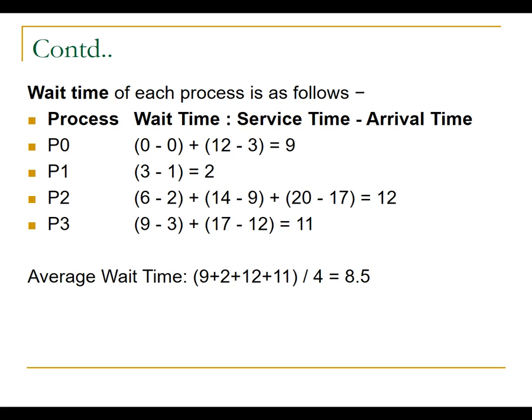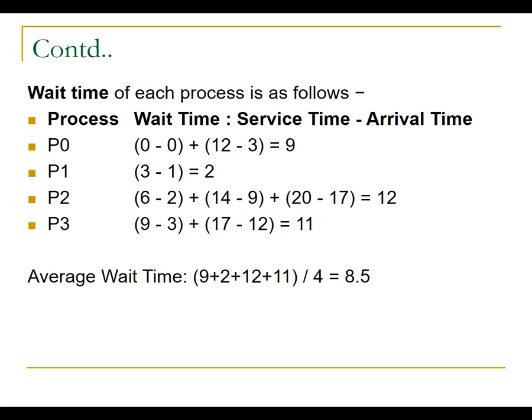This is actually the repetition of what I have already said, where you can see that a total of 4 processes, P0, P1, P2 and P3, are executed by the central processing unit, which gives our equation: waiting time is equal to service time minus the arrival time.